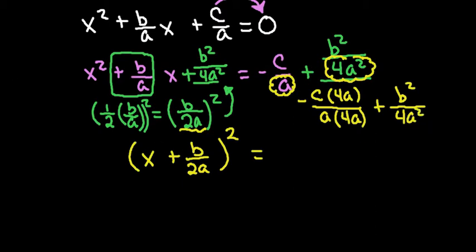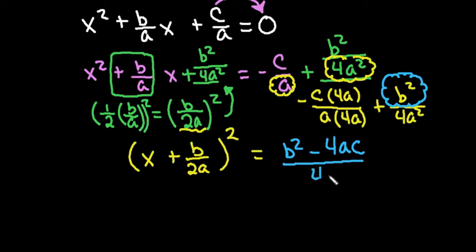Okay, and then just so that it looks like the quadratic formula, I'm going to write it in the format that they normally do. They always start with the b squared part here. So I have b squared minus, and then this is really 4ac, so I'm just writing it in the format that we would see in the quadratic formula. And this is all going to be over 4a squared.